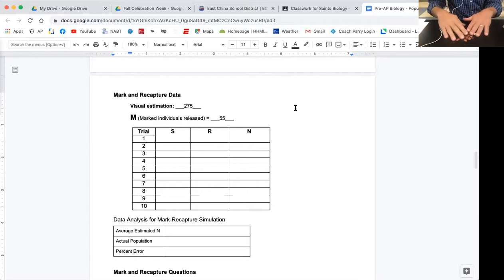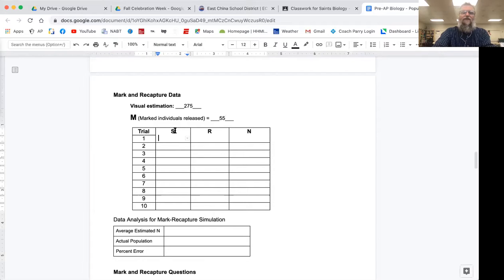Here's my sample, and I'm going to count. 2, 4, 6, 8, 10, 12, 14, 16, 18, 20, 22, 24, 26, and a total of 29. That's my S value. 29 is my S value. We caught 29 beans.